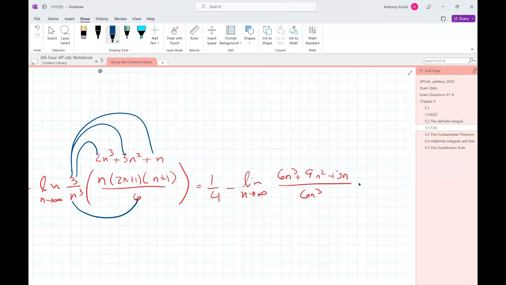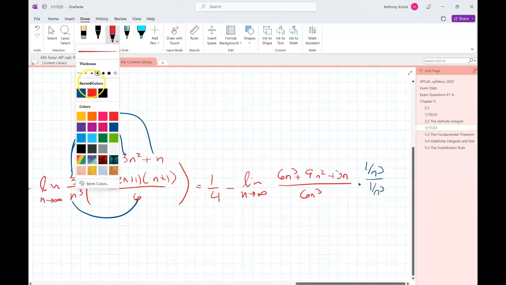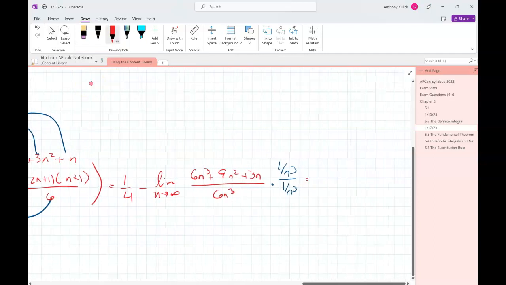So I'm going to notice I'm in that same indeterminate form. If I plug in the infinities, infinity over infinity. So I'll use the same trick I used on that previous problem. So I'll multiply the top and bottom by n cubed.